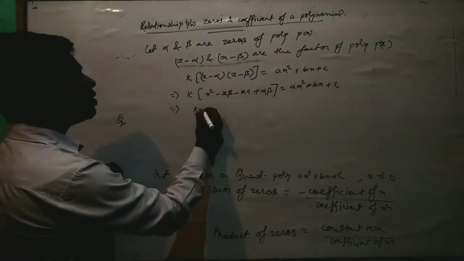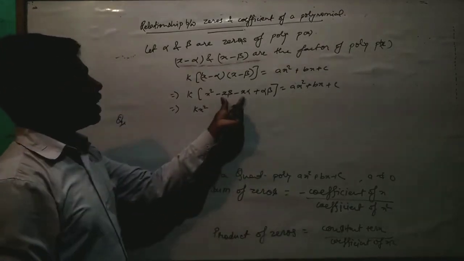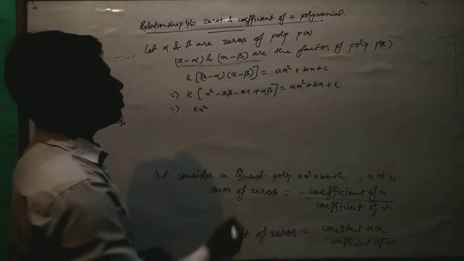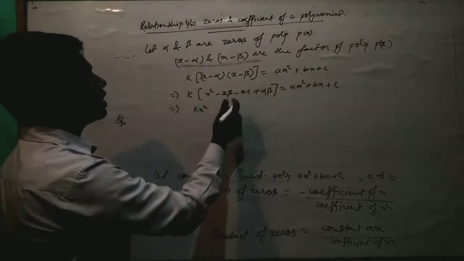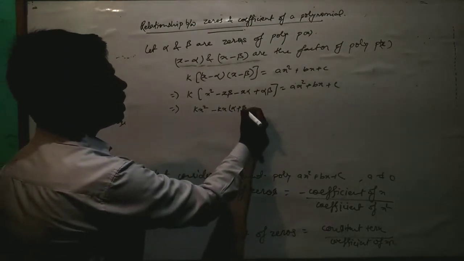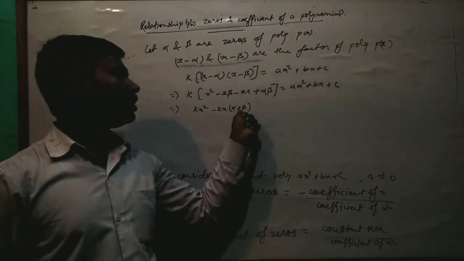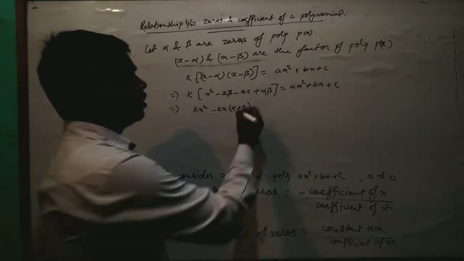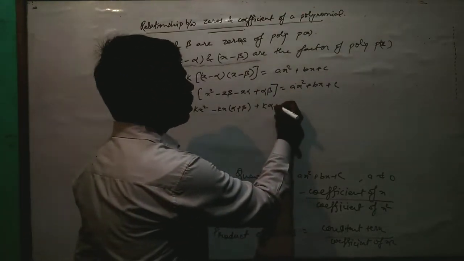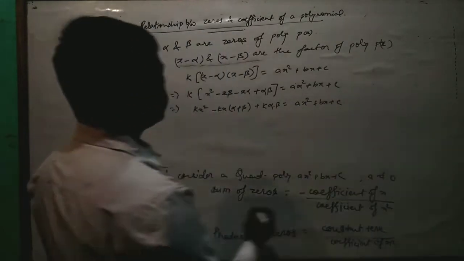Now k into x square, and k into x into beta and k into x into alpha, then we take kx common, so we get minus kx into (alpha plus beta), plus k into alpha into beta, is equal to ax square plus bx plus c.